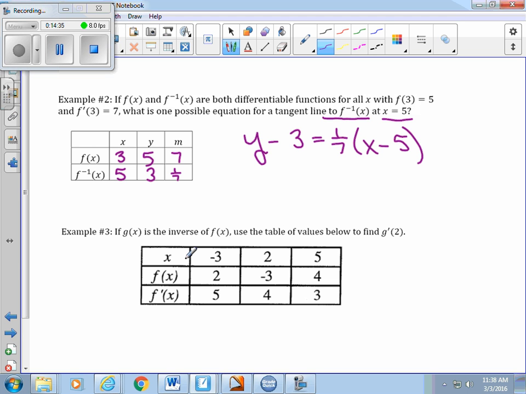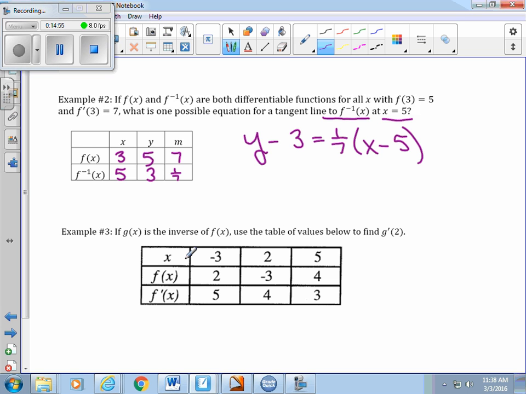How many of you feel like you could have done that problem without the table? Okay. How many of you feel like the table really helped on that problem? If you're raising your hand now, you need that table in your notes somewhere special, because your teacher next year may or may not know the table thing.